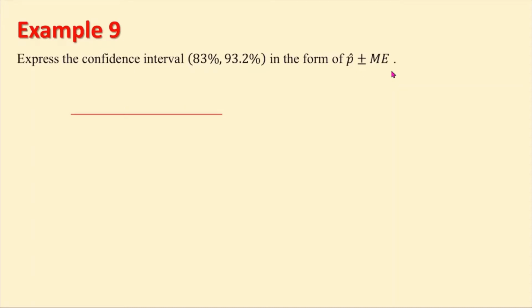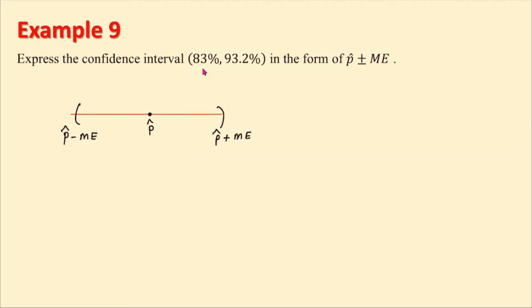In the confidence interval, right in the middle, we have the point estimate, and you can clearly see the point estimate in this case is p hat. The left boundary is p hat minus the margin of error, and the right boundary is p hat plus the margin of error. So the interval is given in this form.